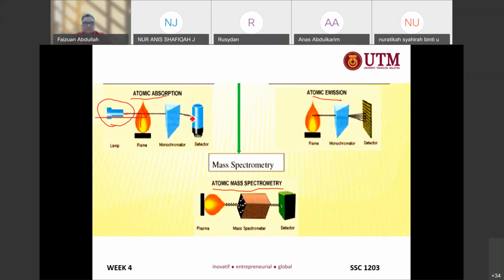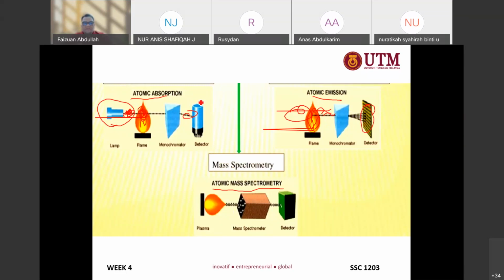The detector will detect the missing energy being absorbed by the analyte, which represents how much analyte is inside the sample. In AES, we don't have a light source because the sample is burned in the flame, the electron in the atom is excited from ground state to excited state and comes back to the ground state, and there will be emission of energy for every element, which is detected by the detector.